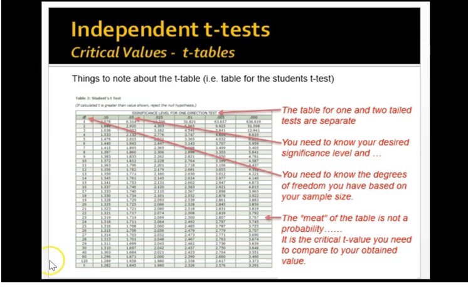But then we need to go to the correct row based on the number of degrees of freedom that we have. Now notice as your degrees of freedom gets larger, there are jumps between each of these different rows. It goes from 29 to 30, but then from 30 to 40, and then 40 to 60, 60 to 120, and then to infinity. The point is that the larger your sample size gets, the less of a difference one or two more observations makes.